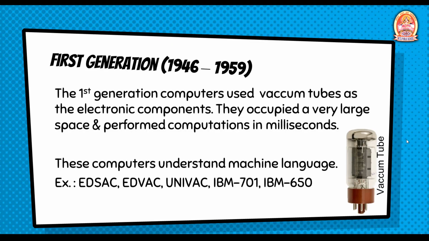First generation of computers. This generation started in year 1946 and ended in year 1959, which is around 13 years of period. During this generation, vacuum tubes were used as electronic components.